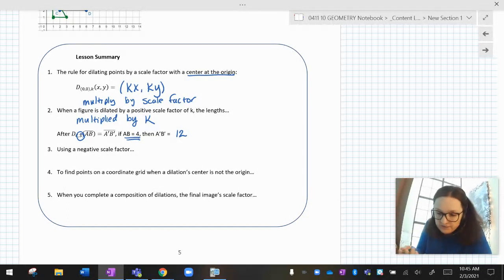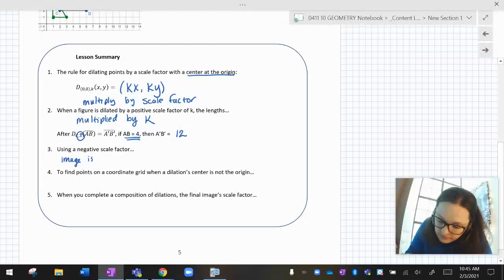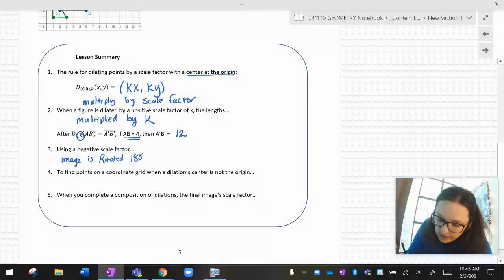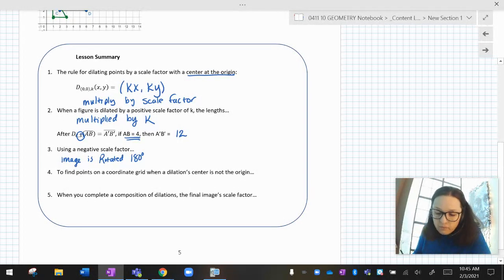When using a negative scale factor, the image is rotated 180 degrees, okay? But the lengths and the coordinates do get multiplied by that scale factor. You just ignore the negative. To find points on a coordinate grid, when the dilation center is not the origin, you just count it out.